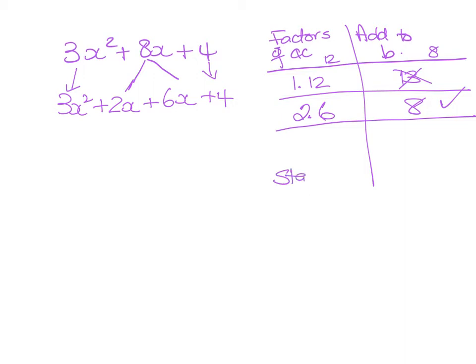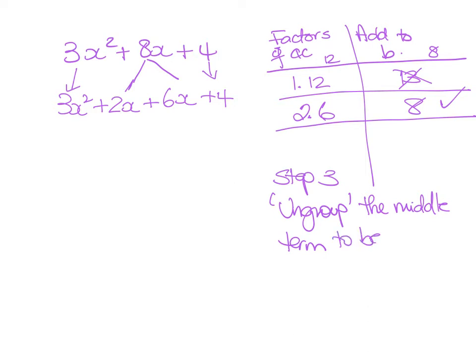So step 3 would be to ungroup the middle term, to become the sum of the factors found in step 2.